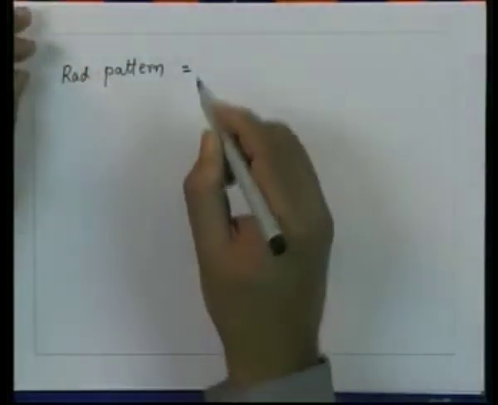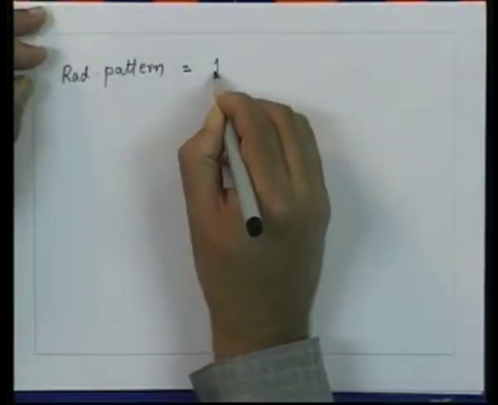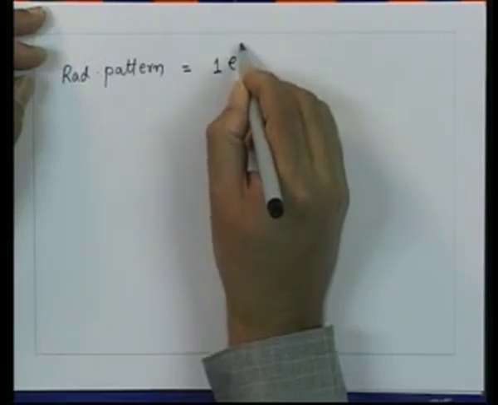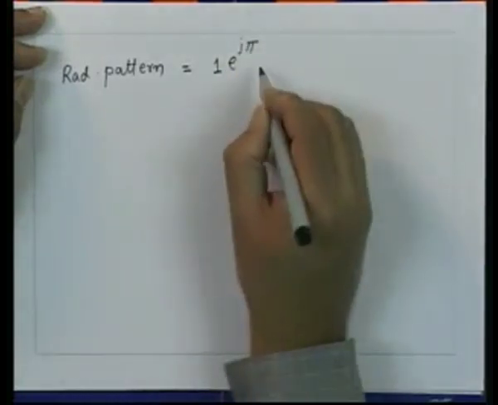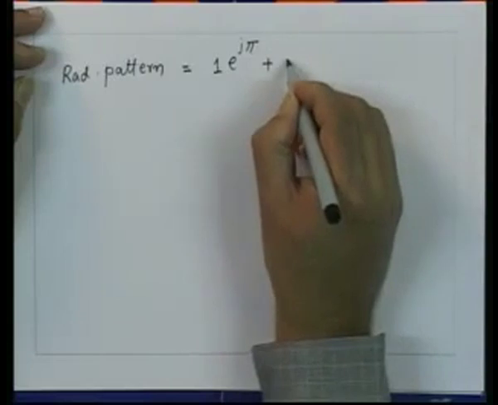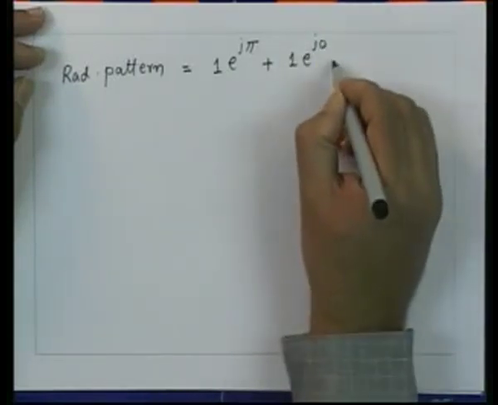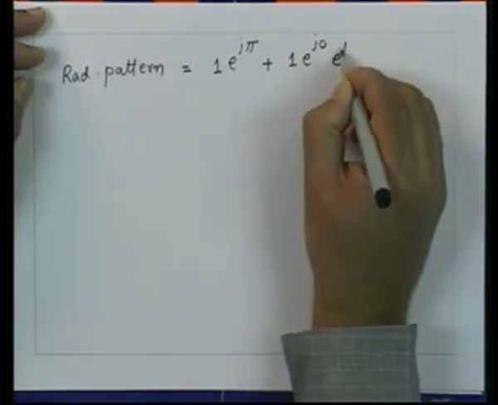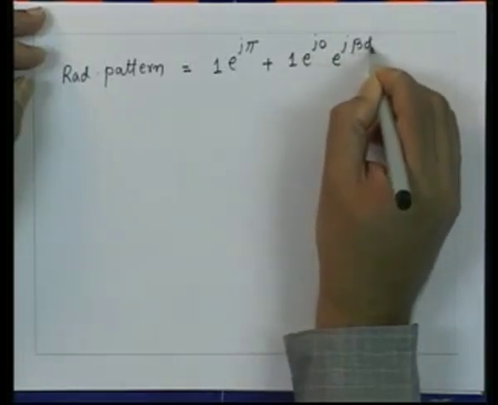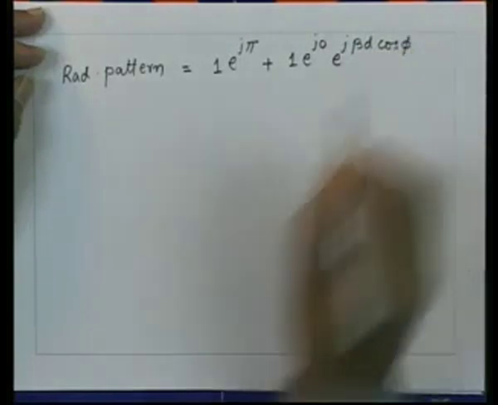So, we can get from here 1 e to the power j pi, the current plus angle, 1 e to the power j 0 e to the power j beta d cosine of phi.